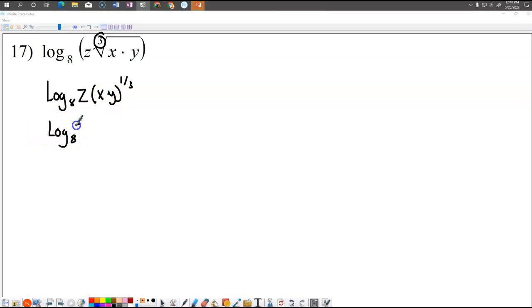So I'm going to go ahead and distribute it in there. So we have x to the 1/3 and y to the 1/3. And so I basically have three things being multiplied together now in my argument: z, x to the 1/3, and y to the 1/3. And anytime your argument consists of things that are being multiplied together, you could split them up into separate logs that are being added.